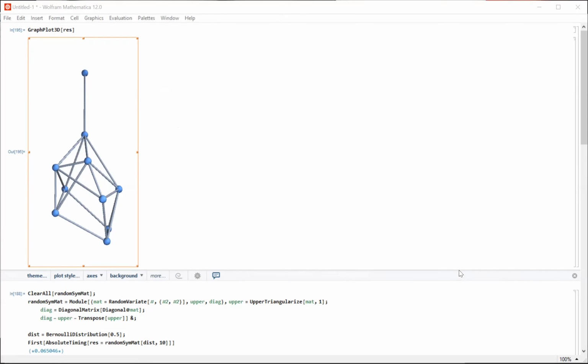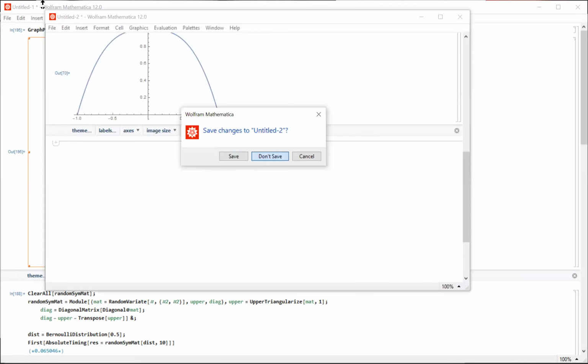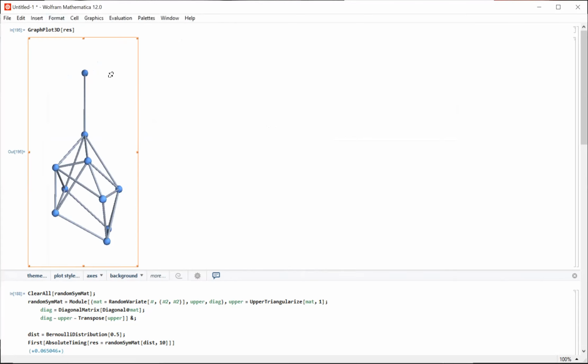Can you see that Mathematica notebook? I think my computer's kind of, for some reason, not doing it. Okay, there. That should work now.